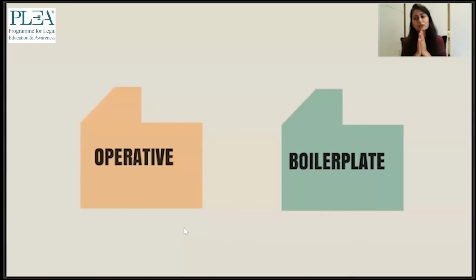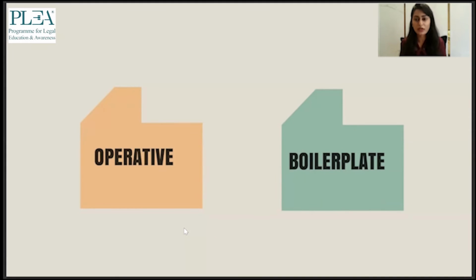So clauses again are of two types: operative clauses and boilerplate clauses. Operative clauses should include operative words. It should include the words such as the buyer has got clear and marketable title, sufficiently entitled to sell the flat legally to the buyer. So that all you need to include in it.